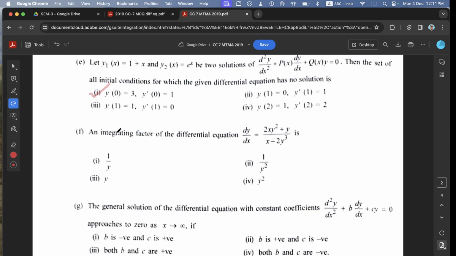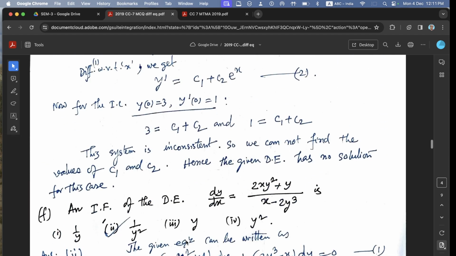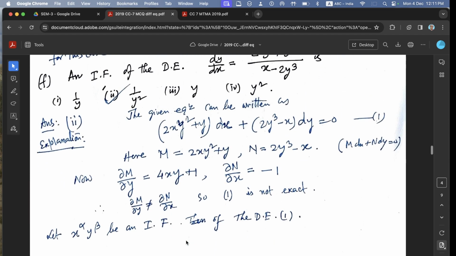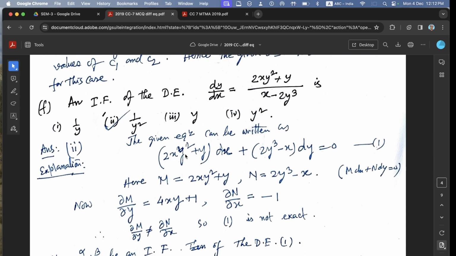F. An integrating factor of the differential equation dy/dx equal to (2x square plus y) divided by (x minus 2y cube) is what? Here the given differential equation can be written as (2xy square plus y) dx plus (2y cube minus x) dy.